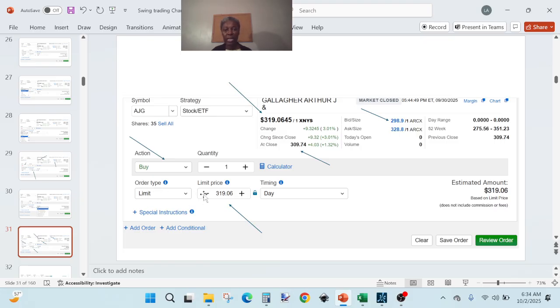That just means it's going to buy for you at the price you selected or a lower price. If you are selling, limit means it's going to sell at the price you chose or a higher price.